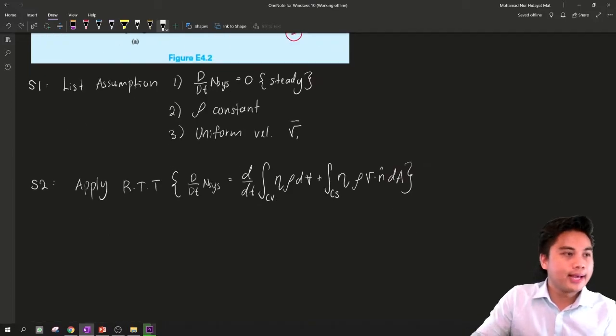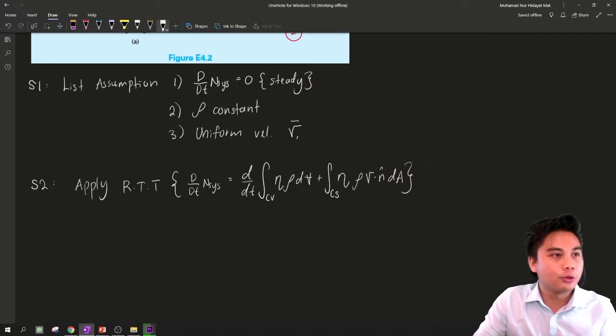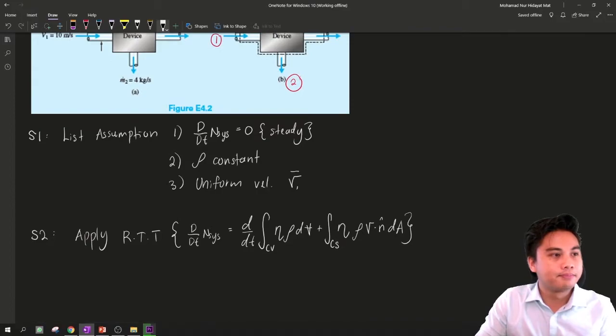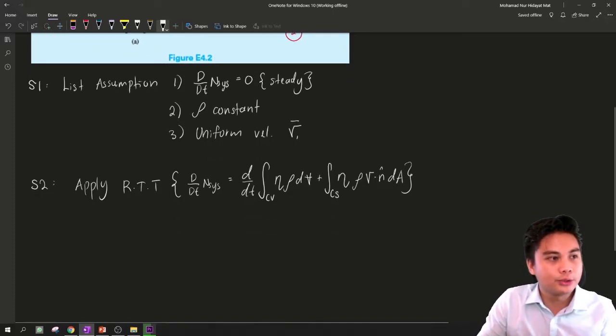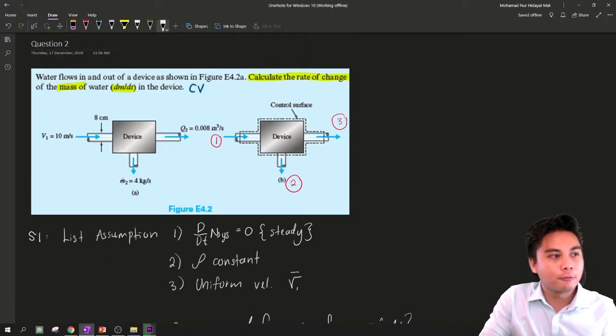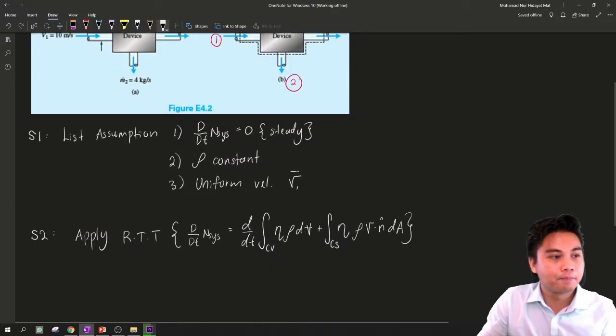Alright, next we have to cancel out this term. The change of the system is equal to 0, since we assume the flow from inlet to outlet, the whole system, is steady.